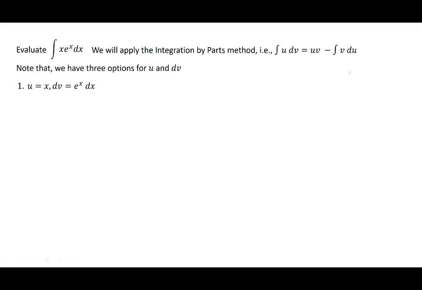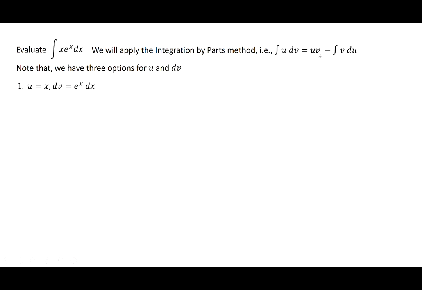Cool. So that's our integral u dv now. To evaluate it, let's focus on the right-hand side. You need uv and you also need to integrate v du. Wait a minute. What do we know? Do we know u? Oh yeah, u equals x. That's what we picked. So we know u.